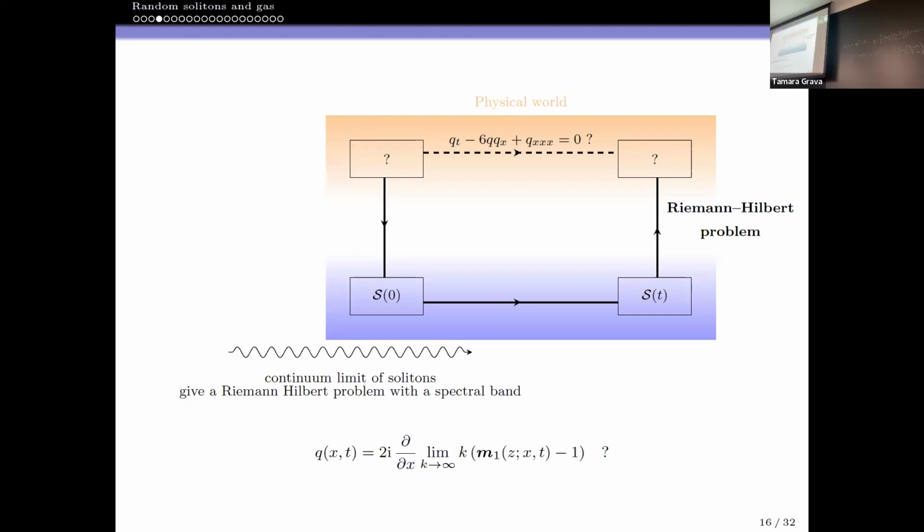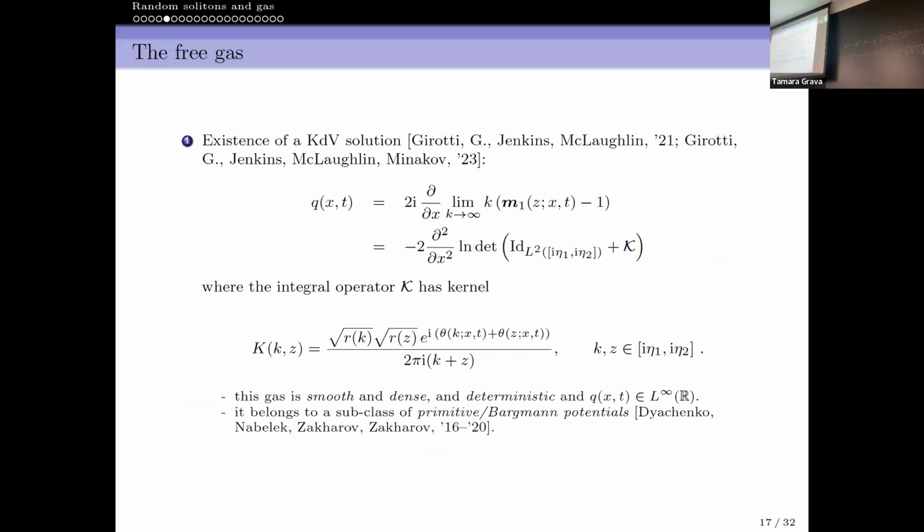Once I construct M, the solution of KdV is given by the moment at infinity of the entry M1 of this infinite soliton limit. The result is that q(x,t) can again be written as a Fredholm determinant, now acting on the interval eta1, eta2 with this kernel. R is the continuum limit of the norming constants, and kappa and zeta are the eigenvalues lying between eta1 and eta2.